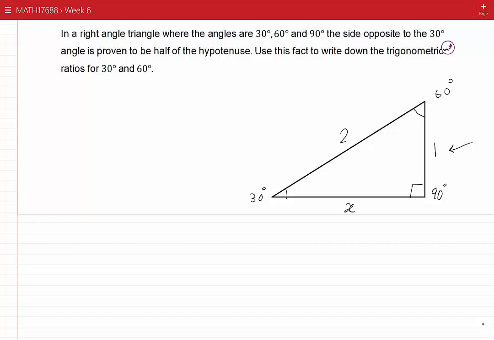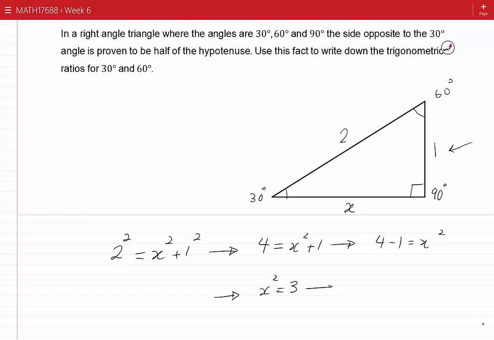In fact, the hypotenuse squared is x squared plus 1 squared. From here we can see that 4 is equal to x squared plus 1. 4 minus 1 is equal to x squared, and from here we see that x squared is equal to 3, and x could be root 3 or minus root 3.